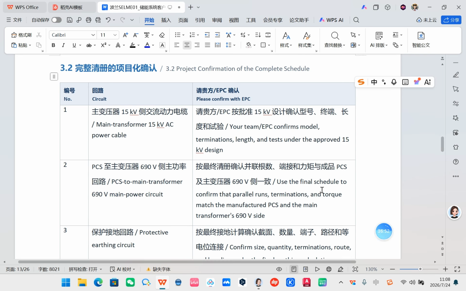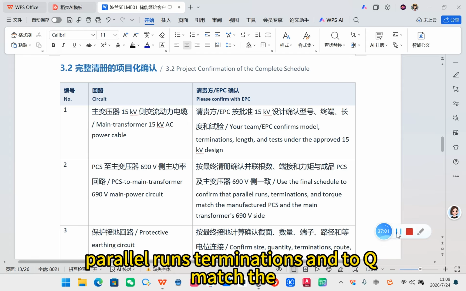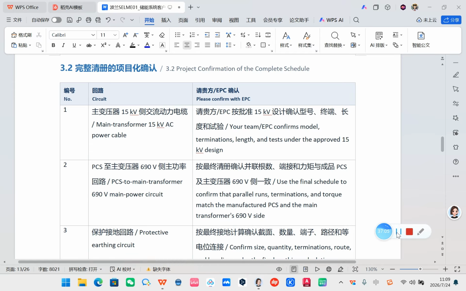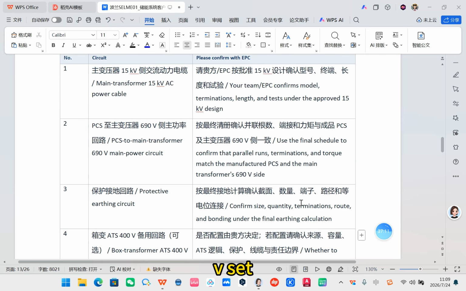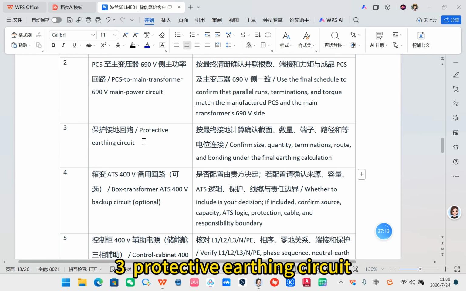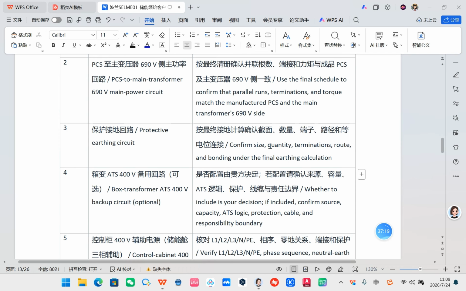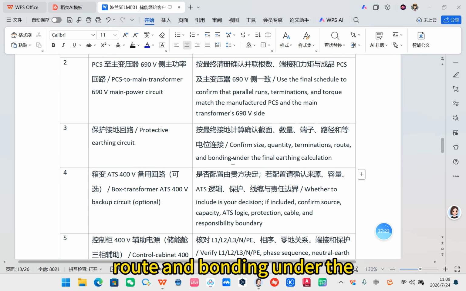Use the final schedule to confirm that parallel runs and terminations match the manufactured PCS and the main transformer's 690V side. 3. Protective earthing circuit. Confirm size, quantity, terminations, route, and bonding under the final earthing calculation.